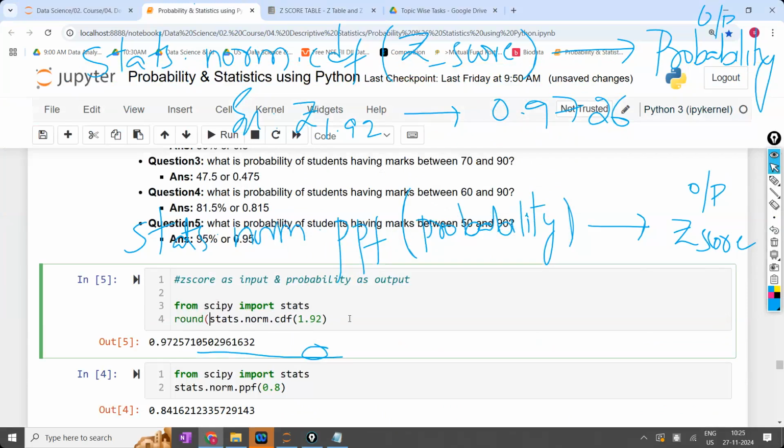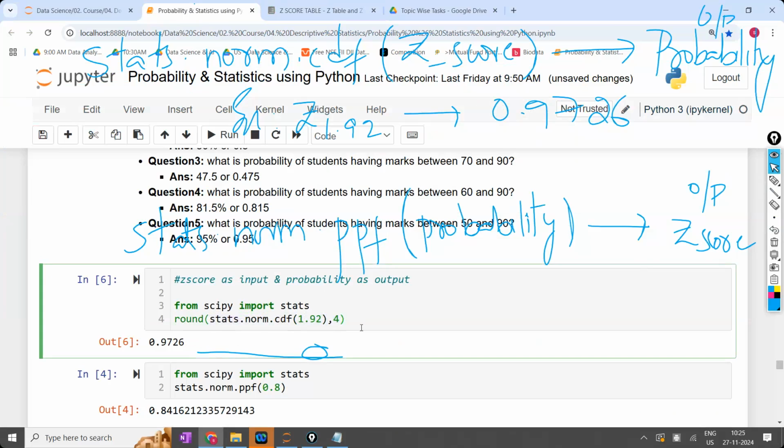Round up to 4 decimals. Same answer, whatever you are seeing in the Z table and here. Round is the function. What is the value you want to make a round figure? Up to how many decimals you want to round?